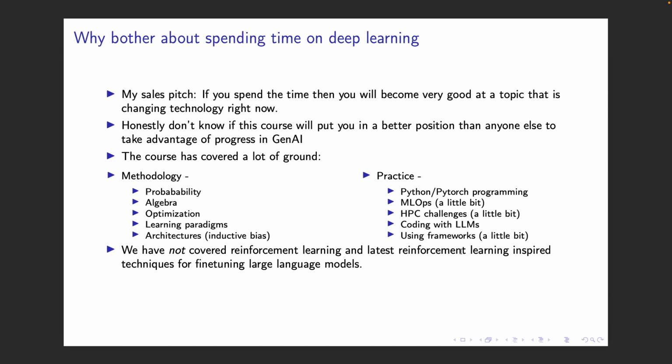I think this is really where all the progress we see nowadays in ChatGPT and so on comes from. They're working a lot on finding clever ways to make models reason, and that's maybe something in the coming years we will cover a little bit more.